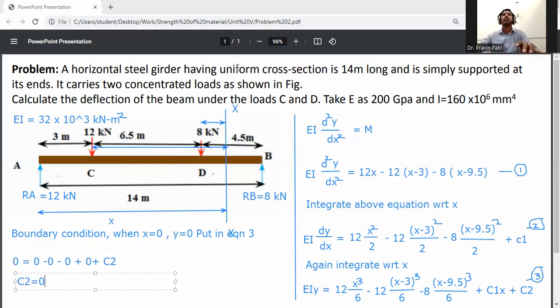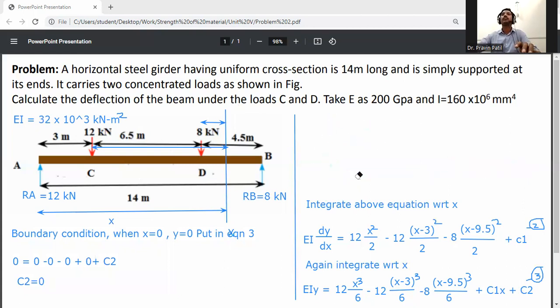Okay, so apply second boundary condition.